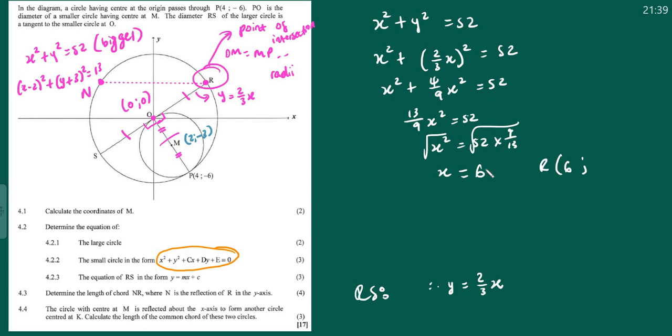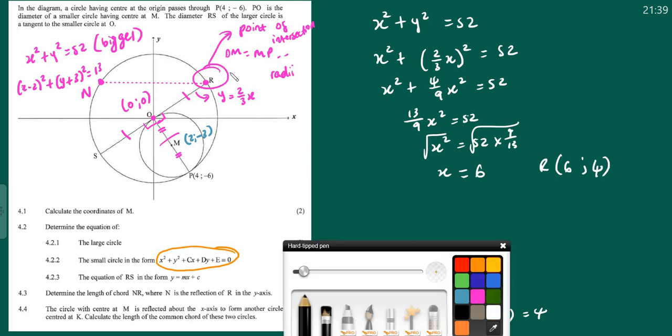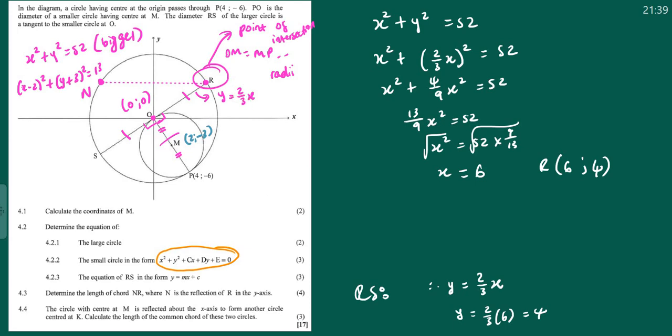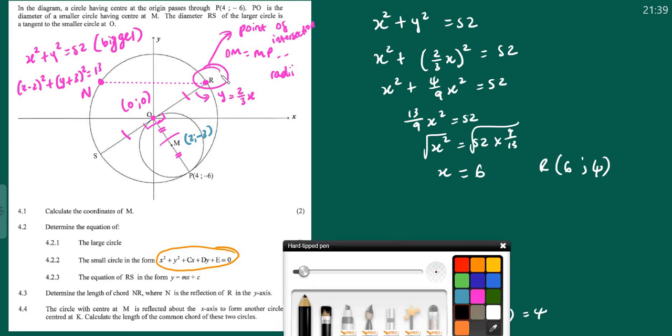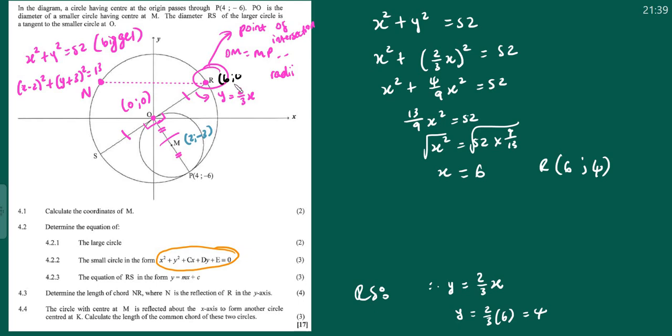Then to get y, you can substitute this 6 in either equation. I'll use the easier one: 2 over 3 times 6. 6 divided by 3 is 2, so I get 4. So R is (6, 4).